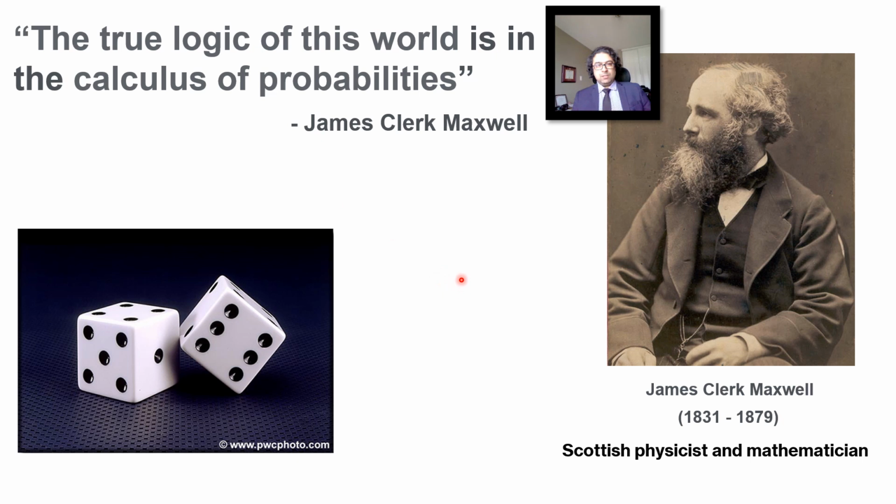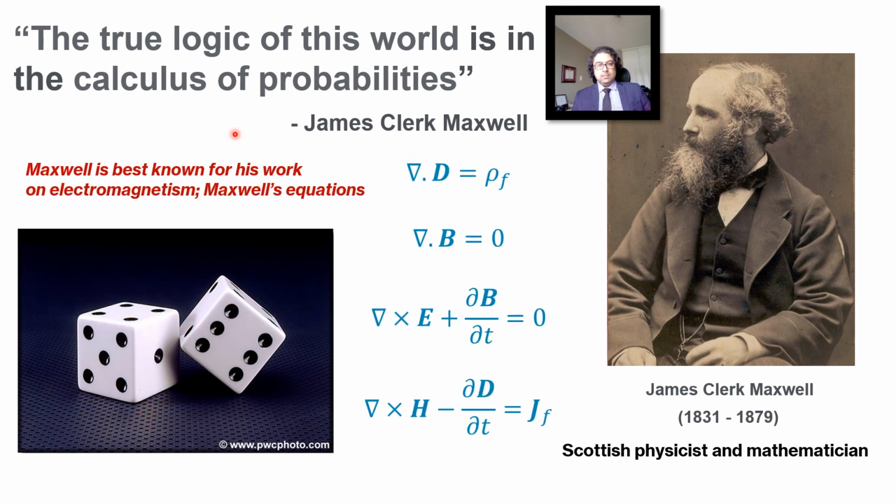As I said, I can talk for hours about this sentence, but the importance of James Clerk Maxwell goes beyond what he gave us in terms of probability or statistical physics. His most important work was his work on the theory of electromagnetism, namely these four equations, which we know as Maxwell's equations.